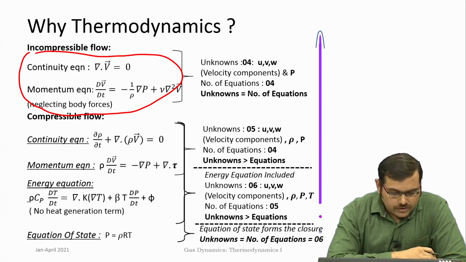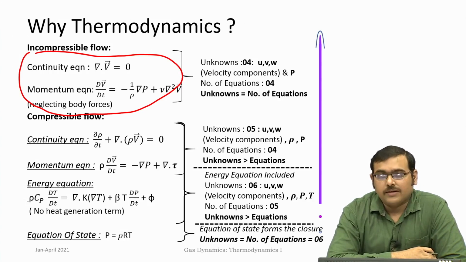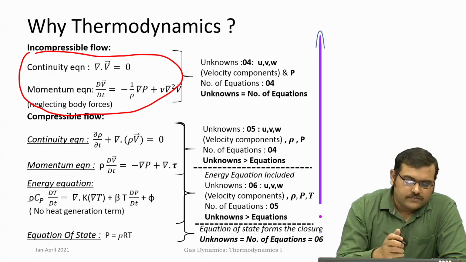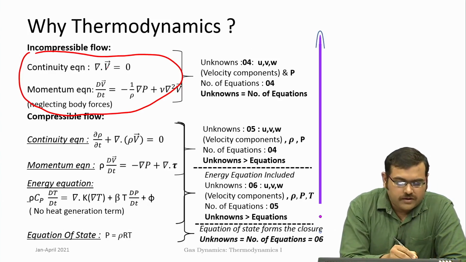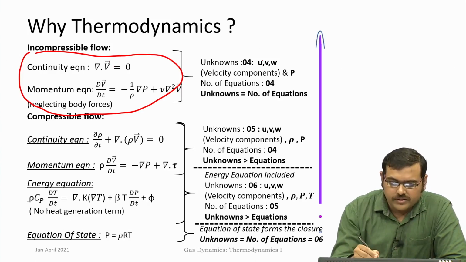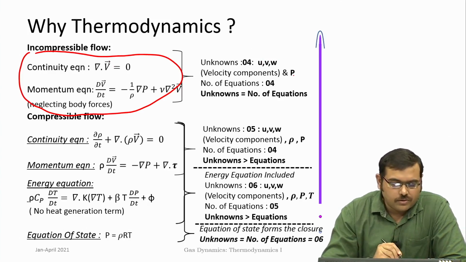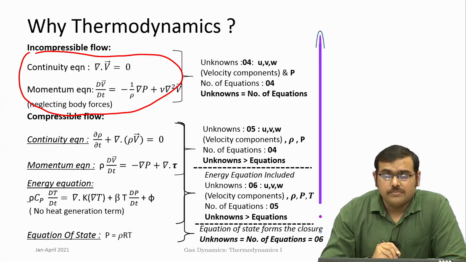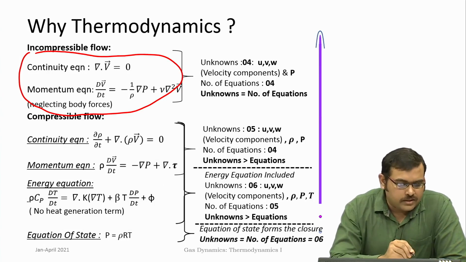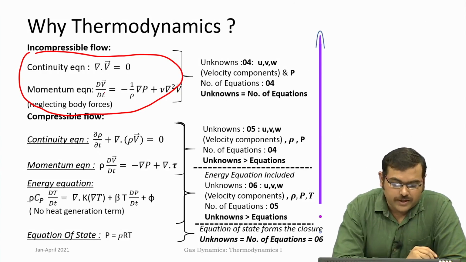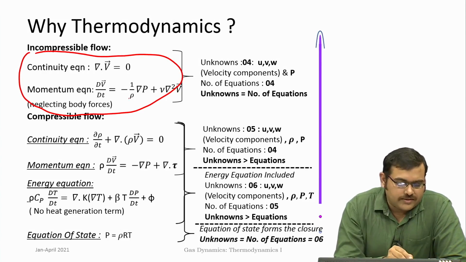If you take a typical incompressible fluid flow, then you have the three components of velocity that are unknown, which are u, v and w, and you have pressure, which is the fourth unknown. To describe the fluid flow, you have the continuity and momentum equations. The momentum equation is a vector equation, so it contains three equations within it.